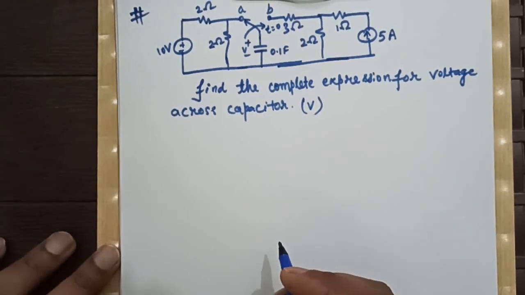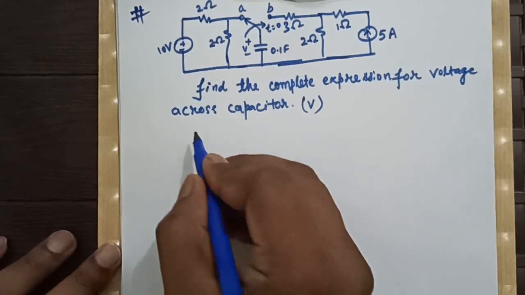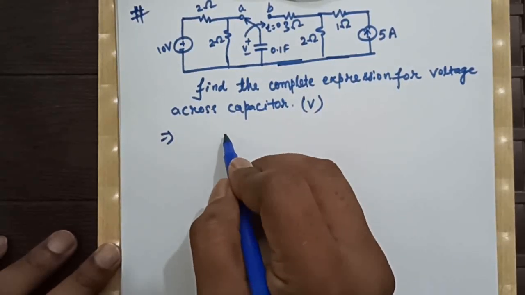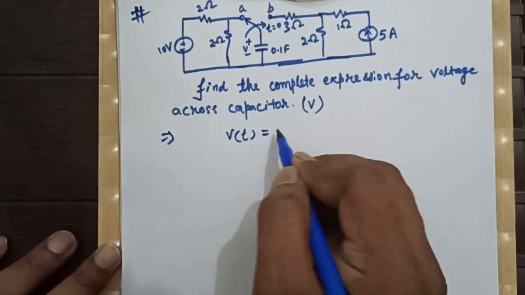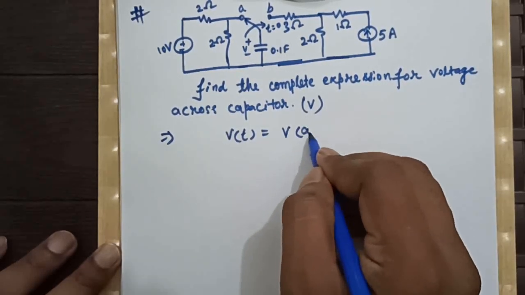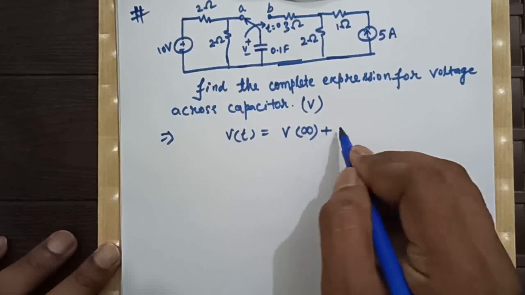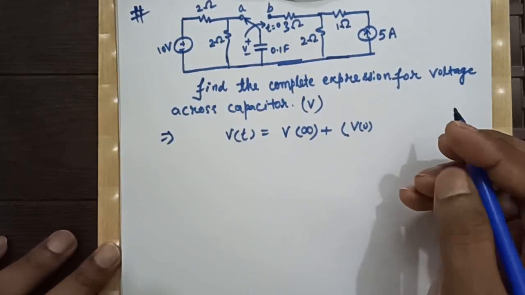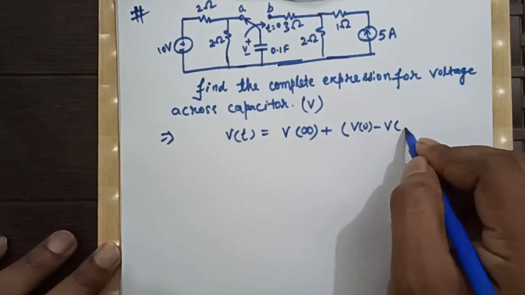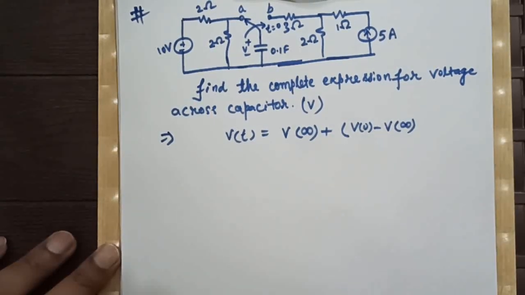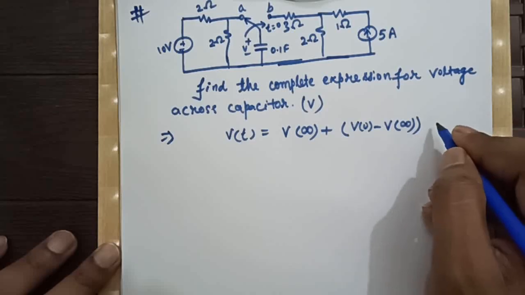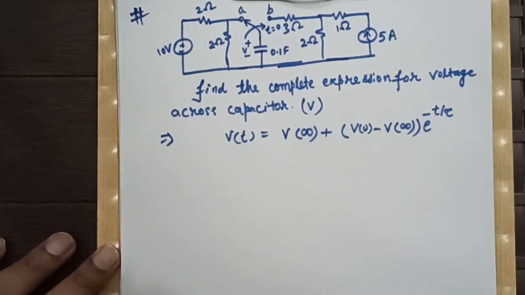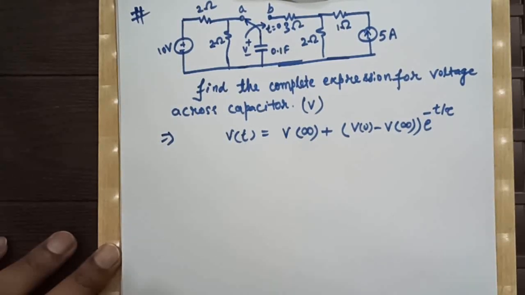And in the last lecture we saw that the form of the step response of a RC circuit will be V infinity, right, plus voltage at time t equal to 0 minus voltage at time t equal to infinity into e to the power minus t by time constant, right?